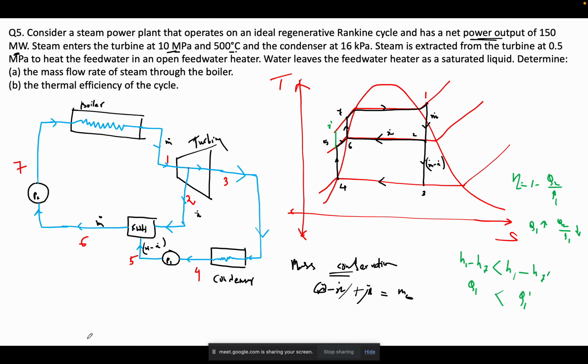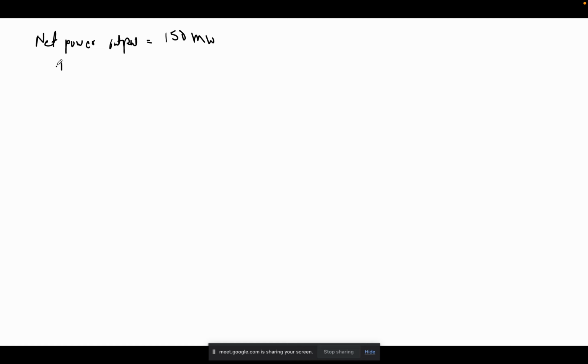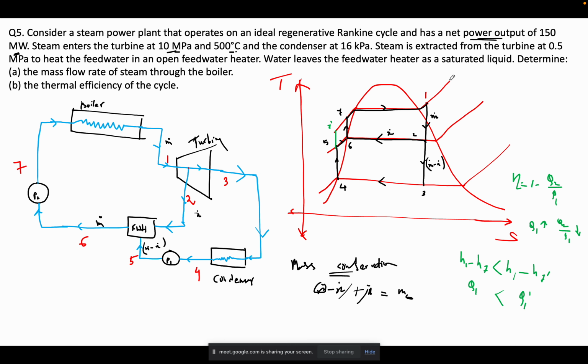So I know T1 is 500 degrees Celsius, and I know that this pressure is 10 megapascal, okay. Then it is telling us that the condenser pressure is 0.016 megapascal, and the steam is extracted from the turbine at 0.5 megapascal, that means this is your 0.5 megapascal, okay. These three pressure levels I know, fine.